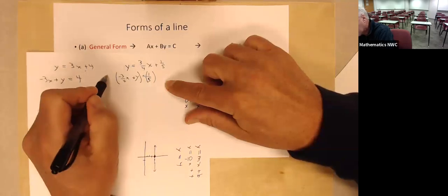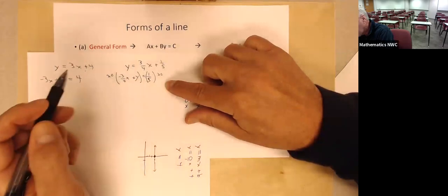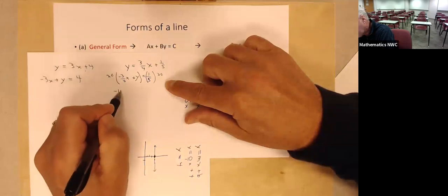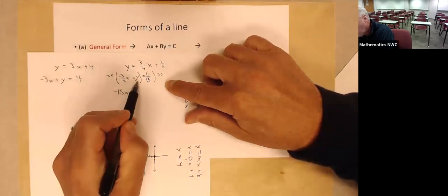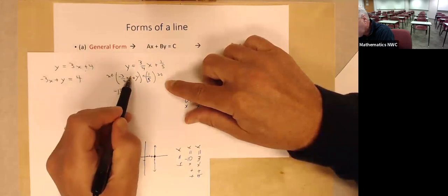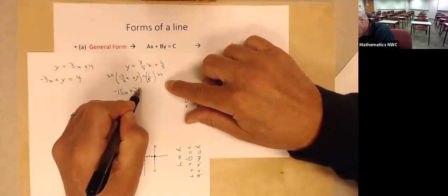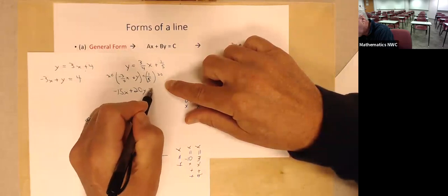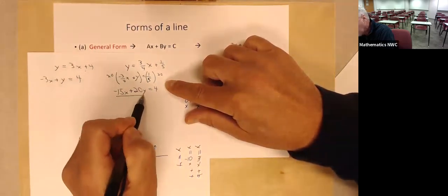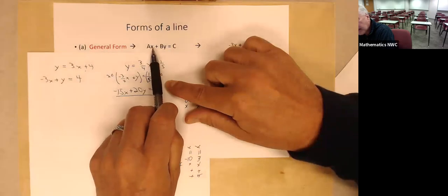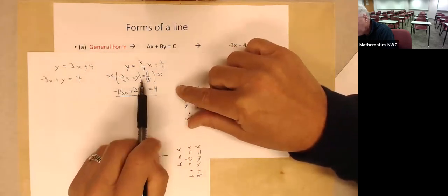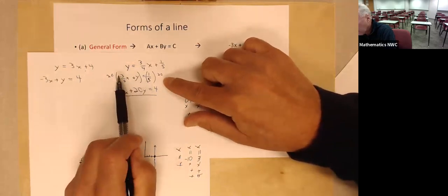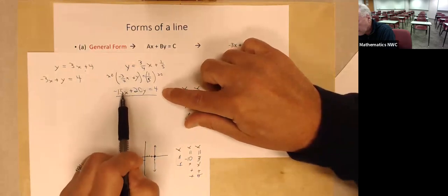The common denominator would be 20. 4 would cancel into 20 5 times. 5 times a negative 3 would be a negative 15x. 1 would not cancel into 20, so I would have 20 times y. 5 would cancel into 20 4 times, and 4 times 1 would be 4. Notice now that answer is in ax plus by equal to c form, and I have all integers. I don't have any fractions. That would be a procedure to go from an equation with fractions into general form.